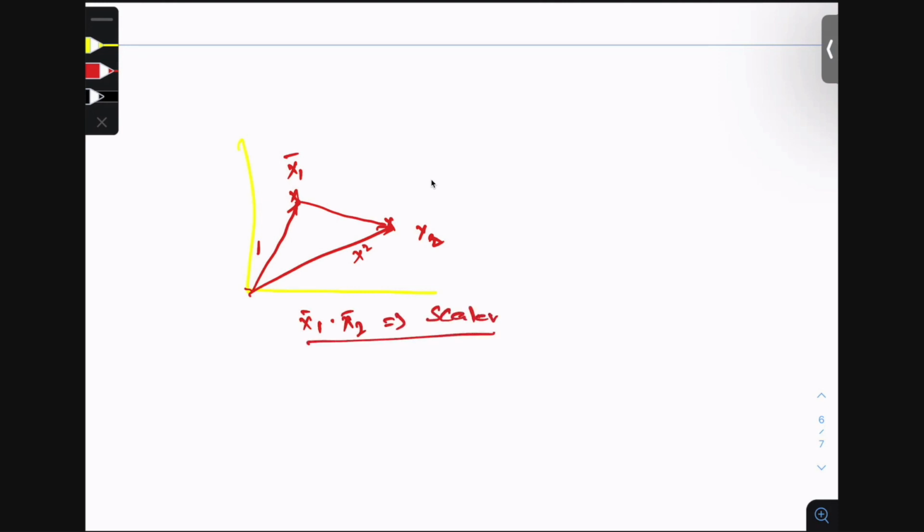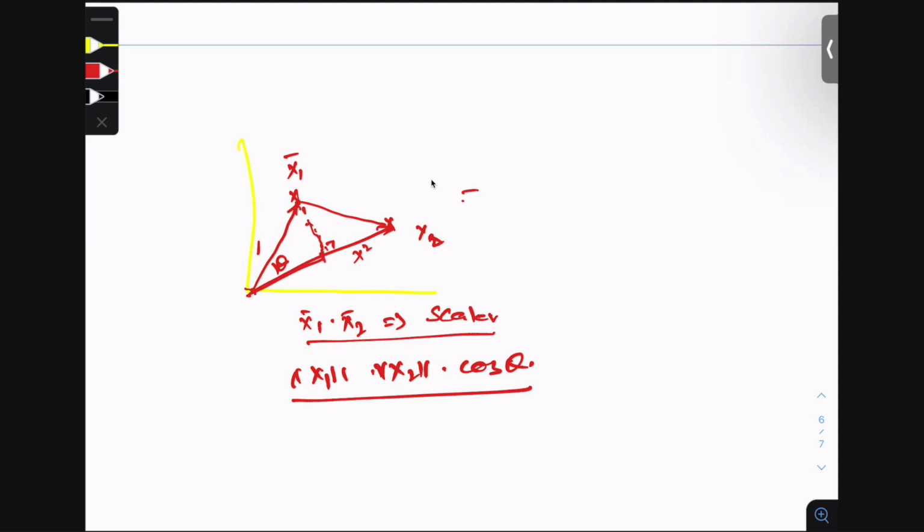Dot product is always a scalar quantity. With theta as the angle, x1 dot x2 is the norm of x1 times the norm of x2 times cos theta. The dot product essentially represents the projection of one vector onto another and the length of that. This is what the dot product means.